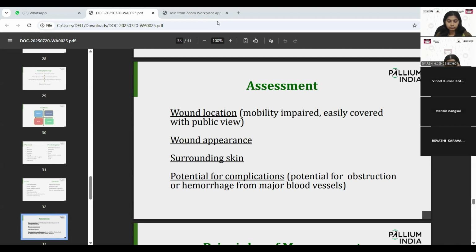Then the second main important thing, you have to know about their history. You have to know what happened to the patient yesterday, for your reference.